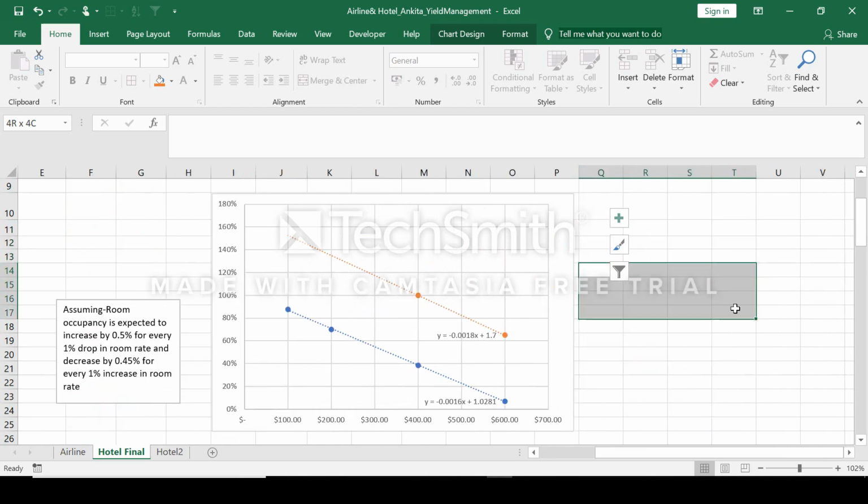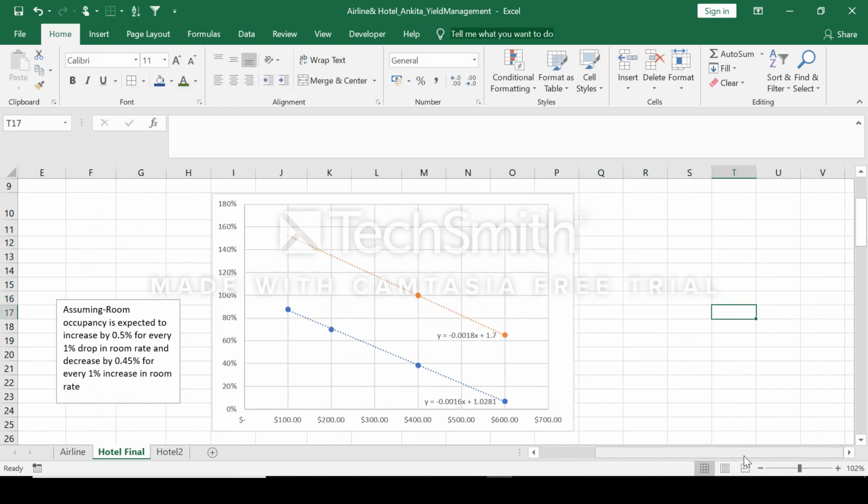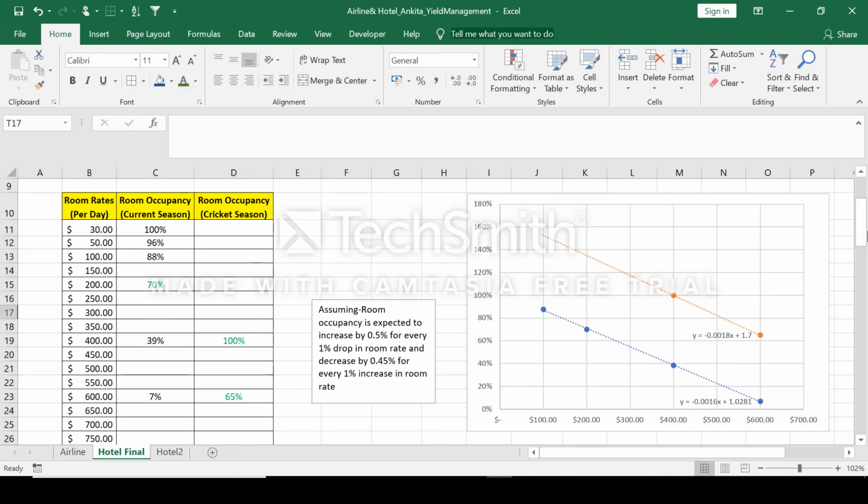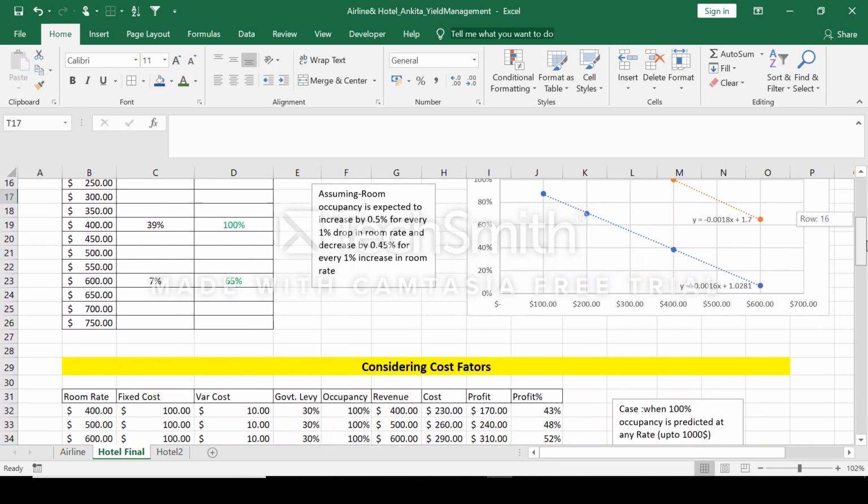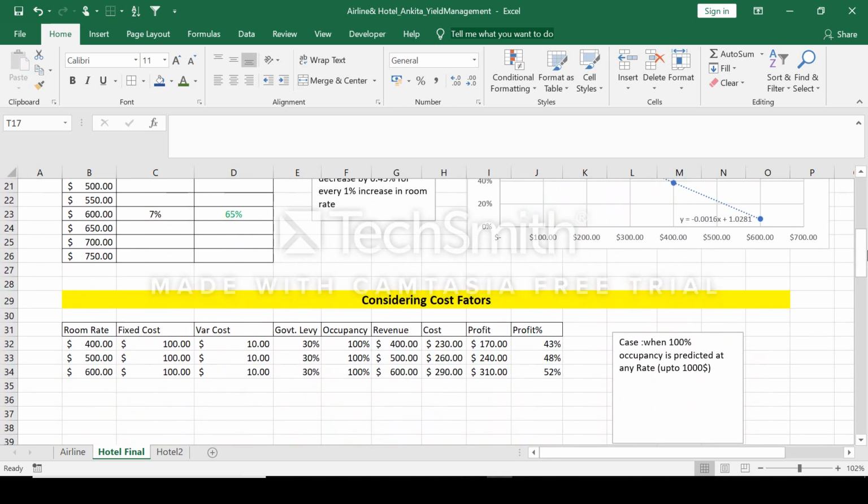Now this was just a plain, simple calculation of room rates and occupancy, but there are cost factors included as well. We have the fixed cost, the variable cost, and the government levy. These are the costs associated, and then we calculate our profit. For a room rate of 400, we get a revenue of 400 times the percent occupancy.